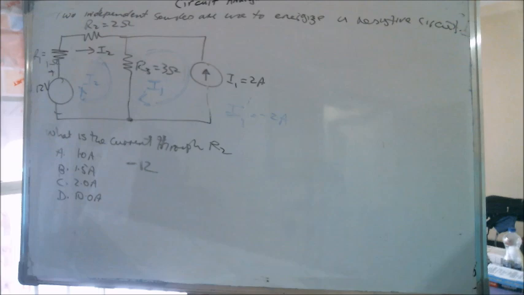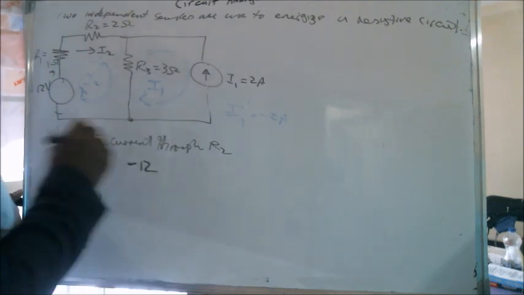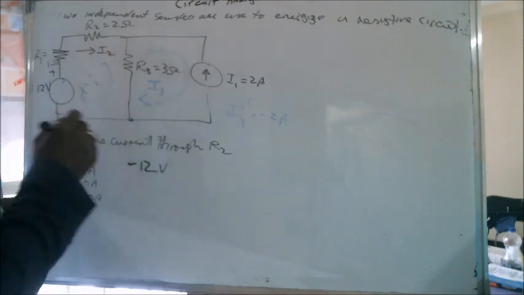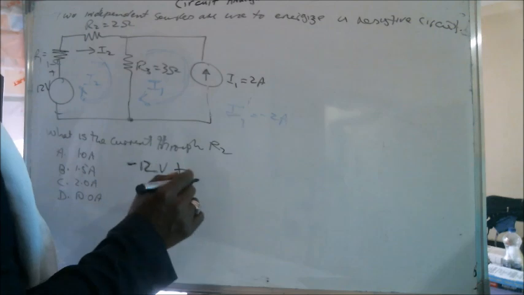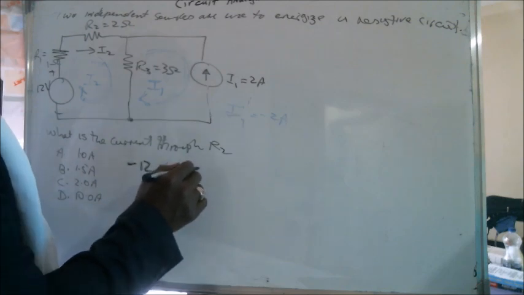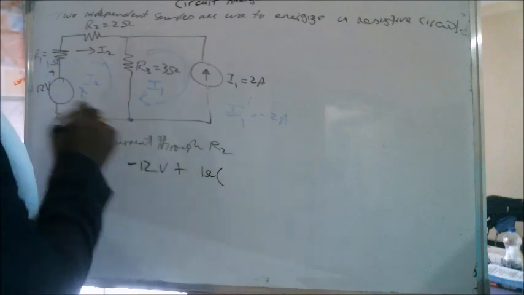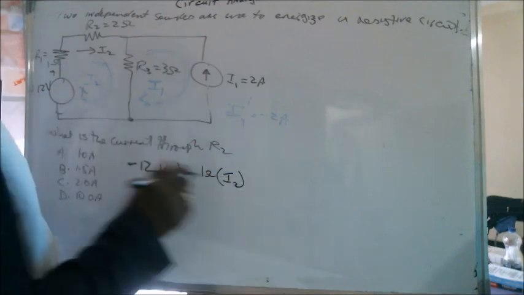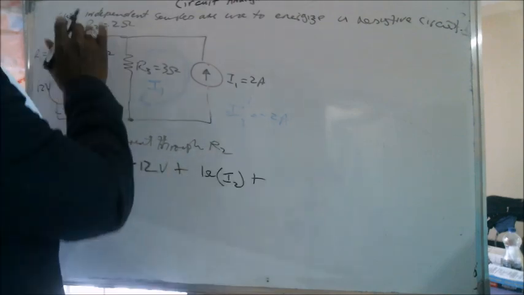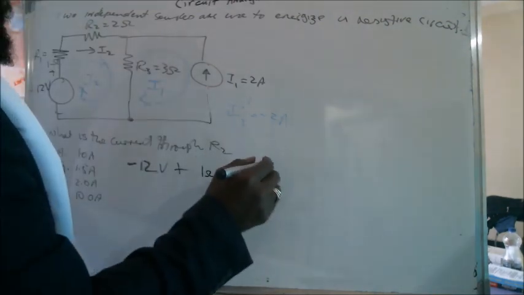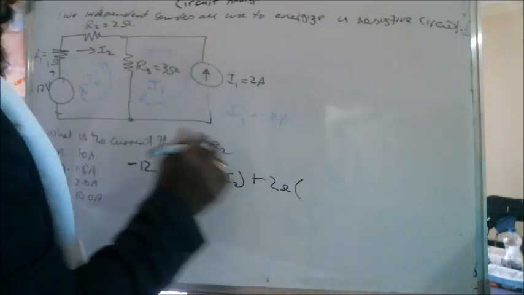Plus R1 times I2, which is a 1 ohm resistor multiplied by I2, since I2 is the current on that side. Plus R2, which is a 2 ohm resistor, multiplied by the current I2, which is what we're looking for too, the current through that resistor.